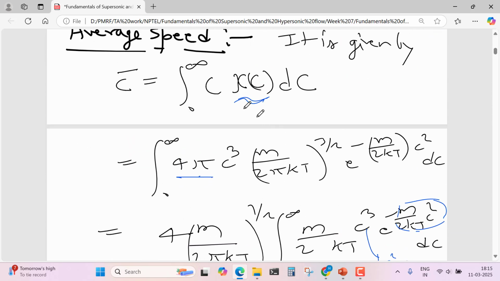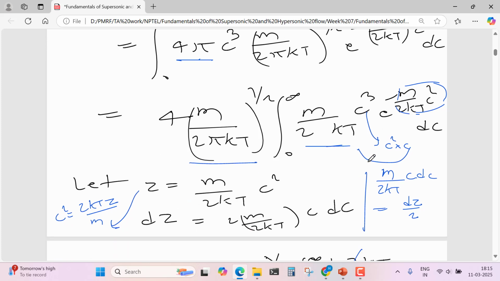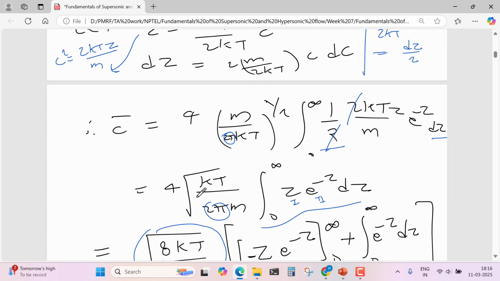In this relation I substituted chi c, took out the constant term, and we got this integration. Then I substituted m upon 2 kt c square, what was in the power of e, as z. So I get this integration finally as 4 under root kt upon 2 pi m integration 0 to infinity z e to the power minus z dz.